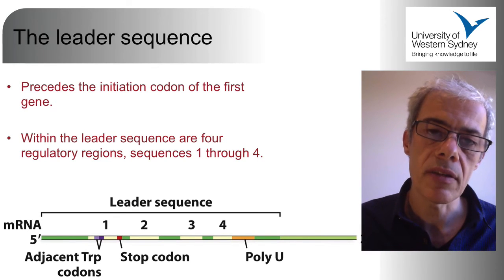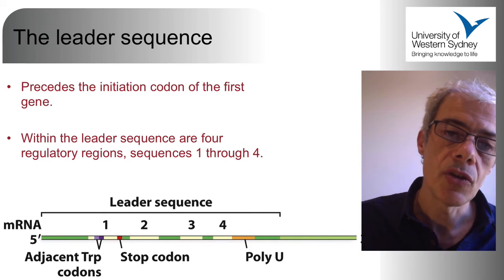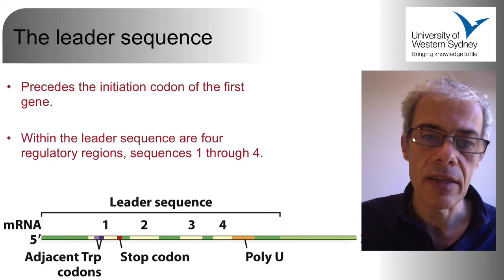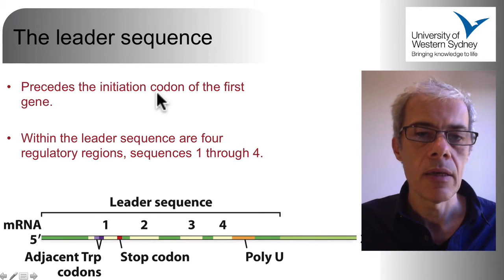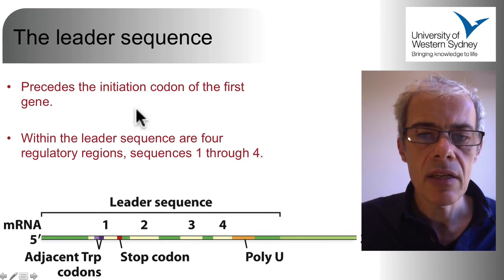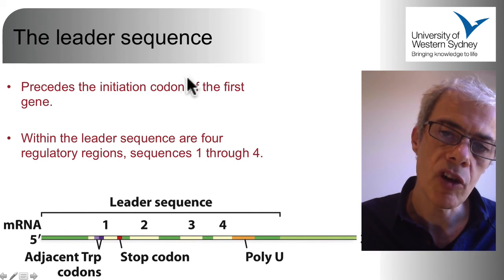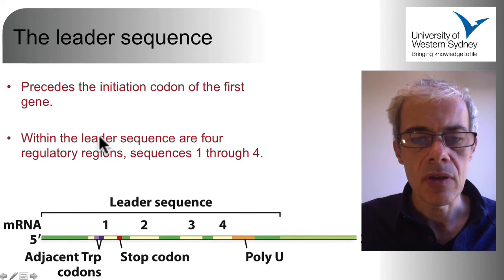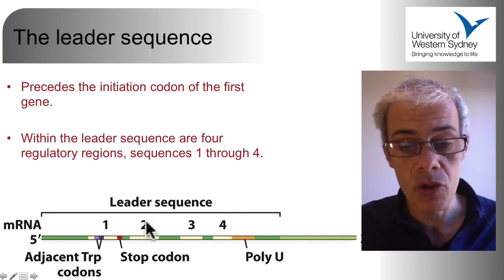So there's something special about this leader sequence that can respond to the amount of tryptophan present, and then it can regulate transcription based on the amount of tryptophan present. Preceding the codons of the Trp operon is this leader sequence, and the leader sequence consists of 4 regulatory regions labeled 1, 2, 3, and 4.